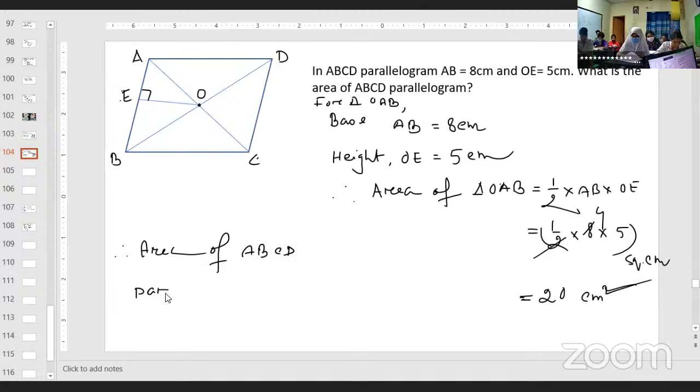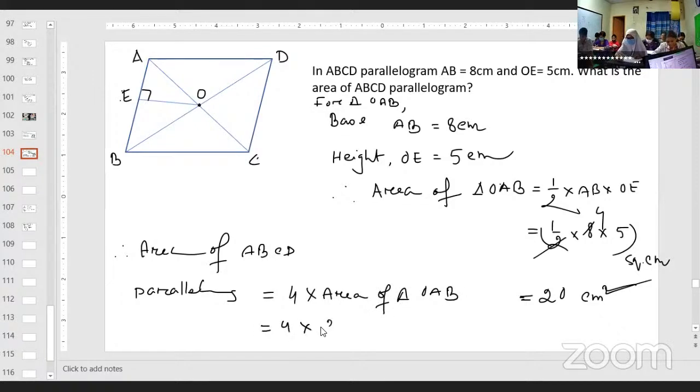Write carefully what it will be: 4 times the area of triangle OAB. Remember this, these are some common knowledge, some general knowledge on geometry. So it is 4 multiplied by 20 cm square and it is 80 cm square. Done.